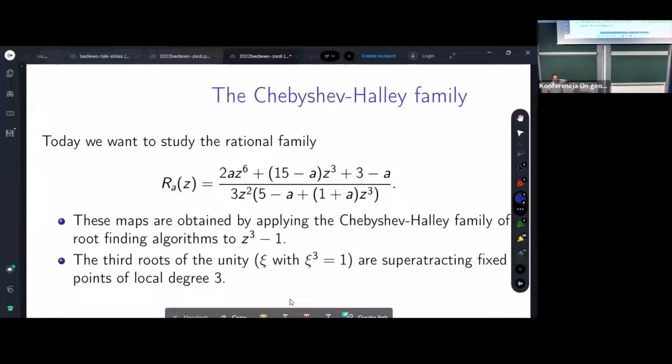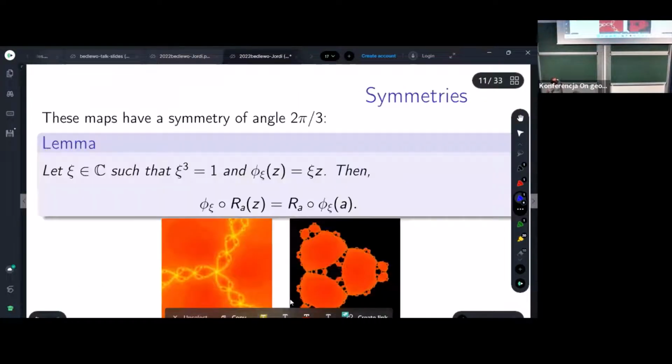Because as Lasse was saying, we have 10 critical points, but we do not want to deal with that many free critical orbits. We are only going to have one free critical orbit. So that's an important thing to keep in mind. And that's what it says here: the dynamics are symmetric with respect to rotation by the third root of unity.